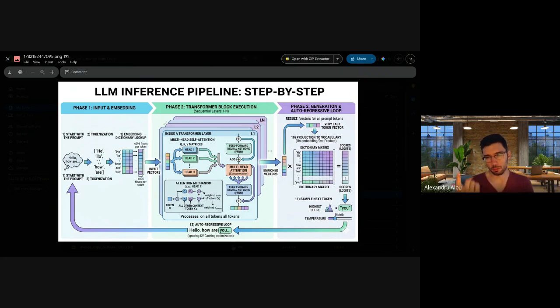Remember, for every token in the prompt we compute these three vectors, and we compute the dot product of the Q vector for a token and the K vector for a different token to figure out the context and how important that other token is.